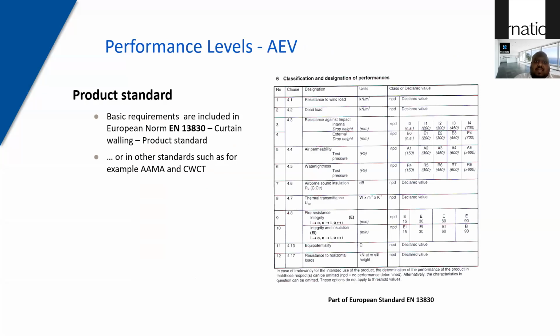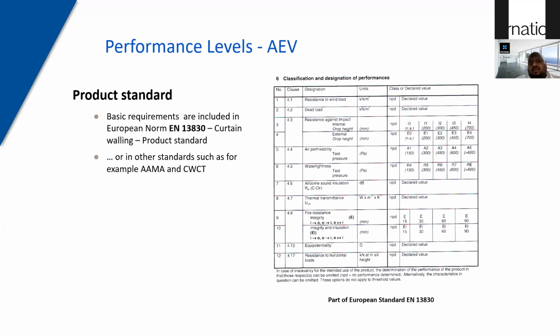So weathering standards, we call it AEV, which is air, water, and wind. Air, E is French, so it's water in English. V is for wind, and that's why we call it AEV classification. Now, basically, we follow the European norm, which is EN 13830 for curtain walling, but other standards being used in the region are AMA, which is American, and CWCT standards.